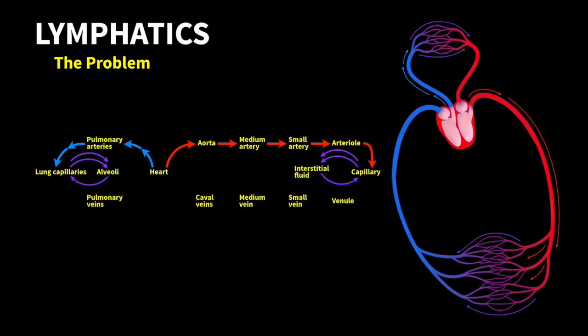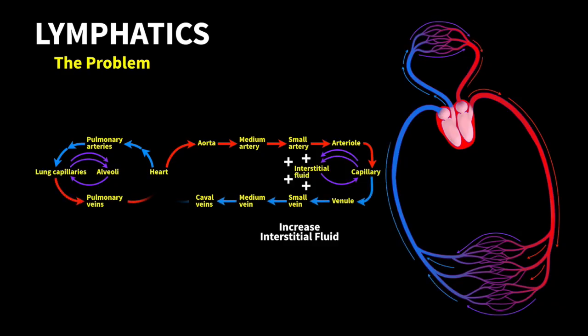Based on factors I covered in the presentation on capillaries, you learned that slightly more fluid is filtered from the capillaries into the interstitial space than is reclaimed by the capillaries from the interstitial space. The net difference leads to an increase of fluid in the interstitial space and a corresponding decrease in the volume of the blood plasma returning to the heart.